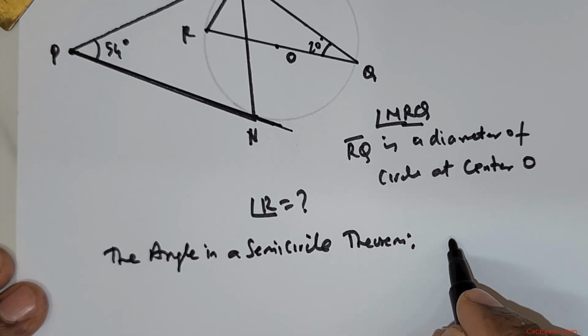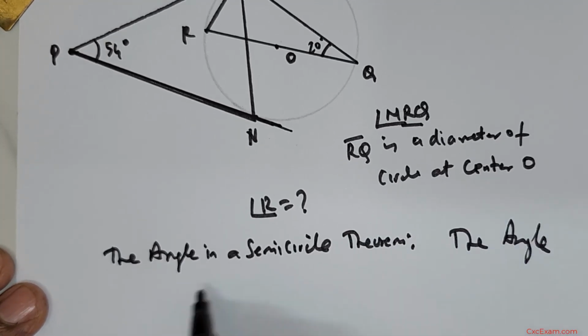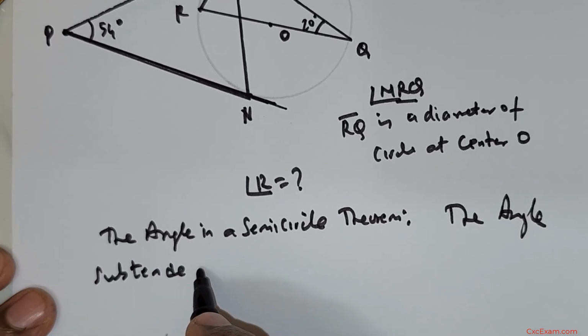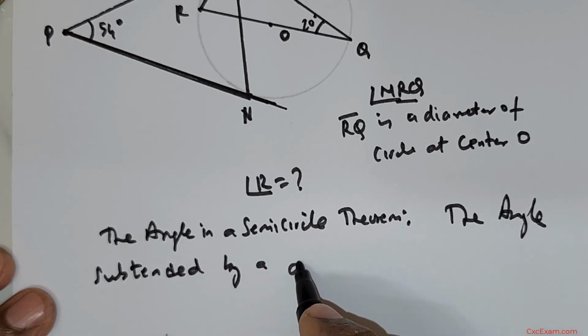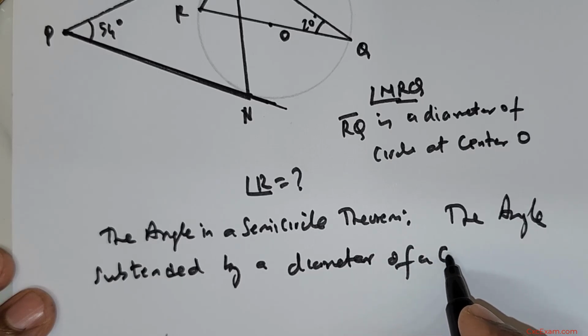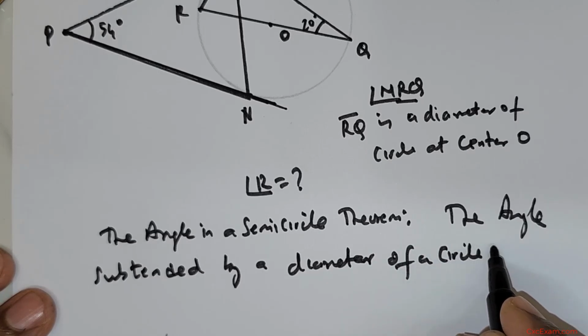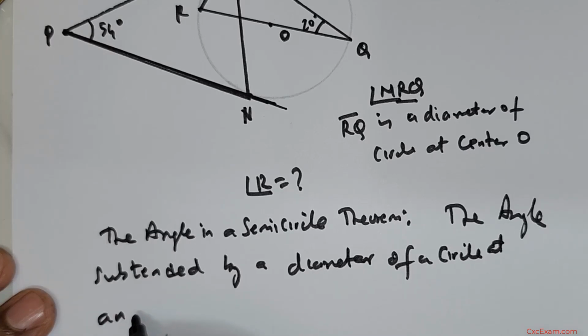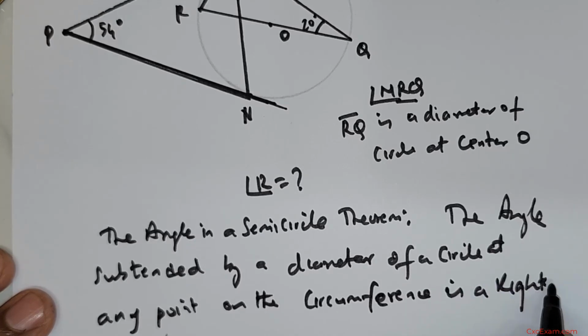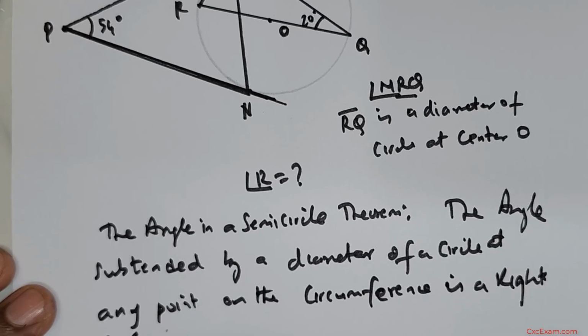Now what does it state? The angle subtended by a diameter of a circle at any point on the circumference is a right angle.